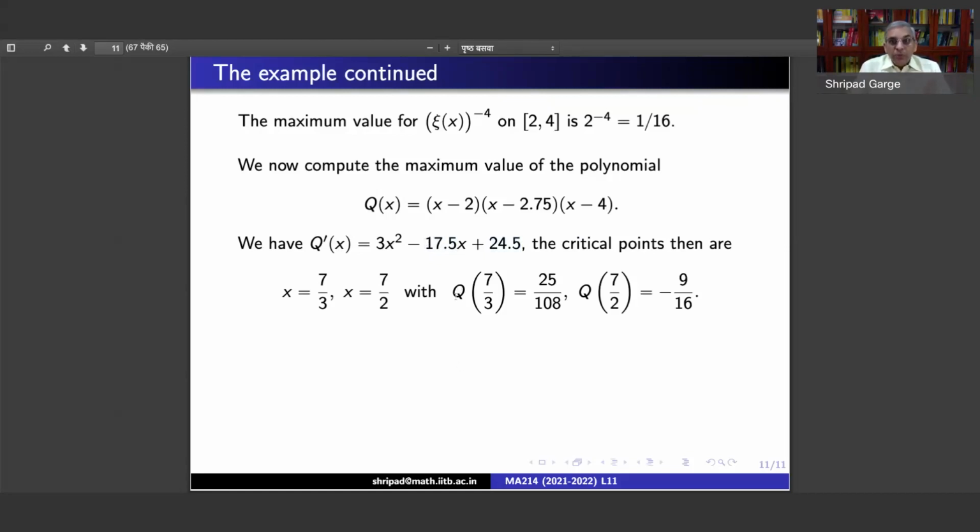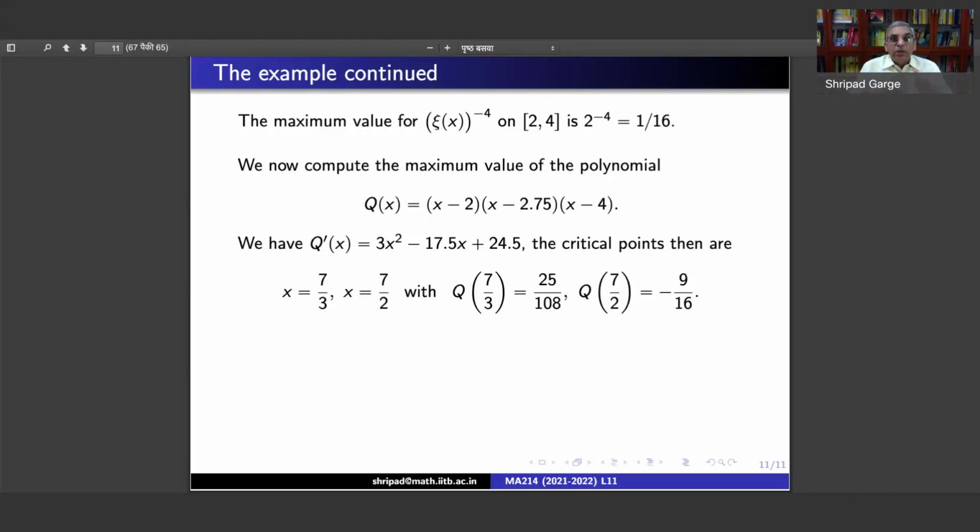So we also compute the values of our polynomial q at those points, 7 by 3 and 7 by 2. At 7 by 3 it is 25 by 108, which is roughly 1/4, whereas at 7 by 2 it is roughly half, forgetting the sign. So the maximum is achieved at 7 by 2, and possibly also at the endpoints of the interval, 2 and 4, but there the values are 0.